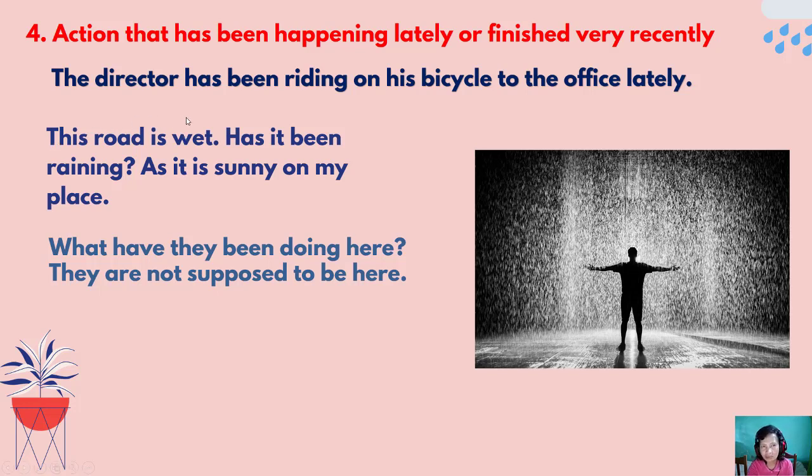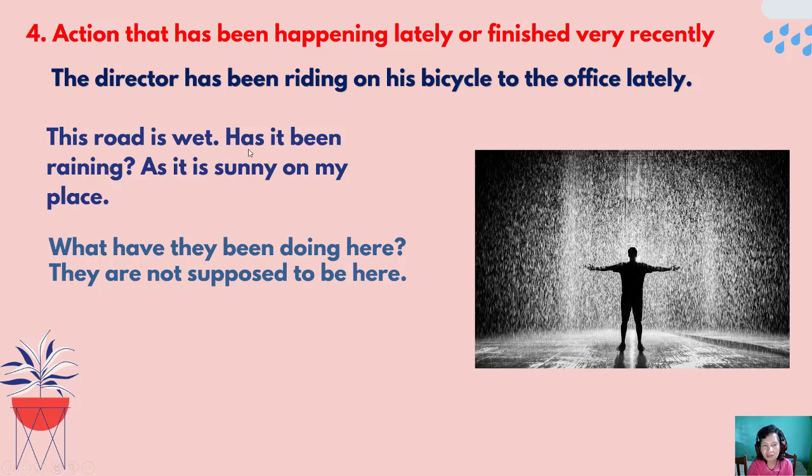We can use the present perfect continuous. For example, this road is wet. So we see that the road is wet, and we draw a conclusion: has it been raining? Or, it has been raining.